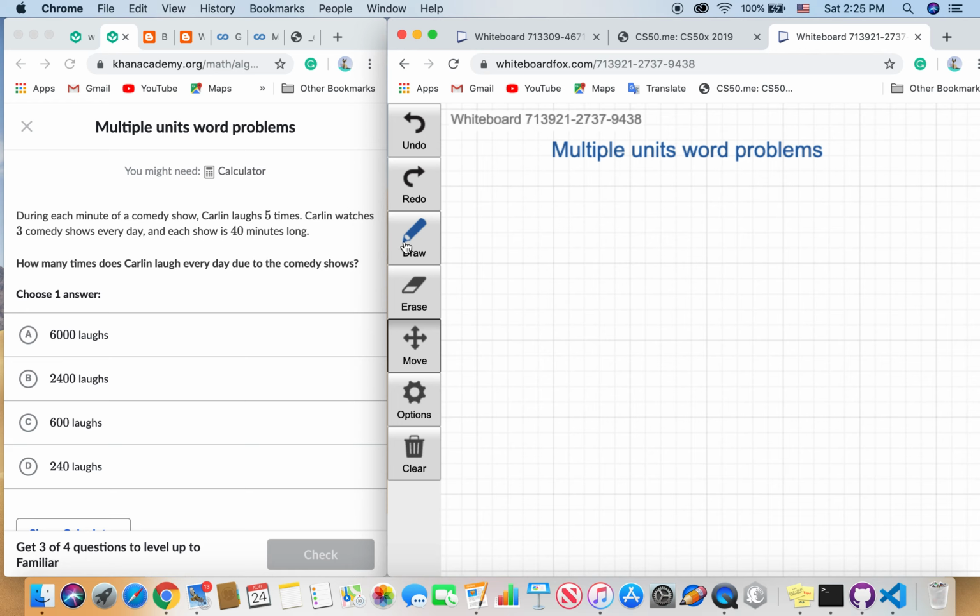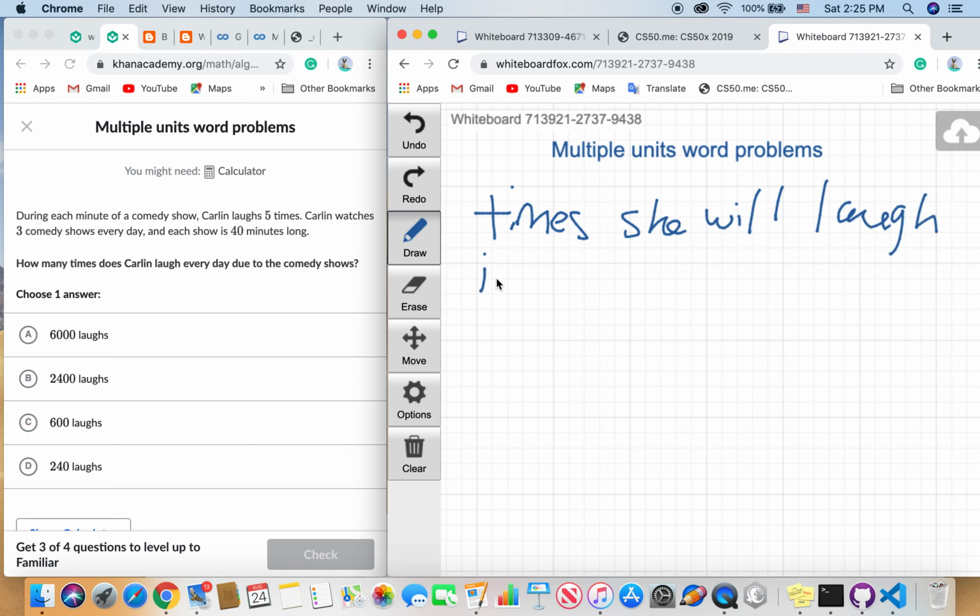So Carlin, let's think about this. How many times will he laugh in each 40 minute show?